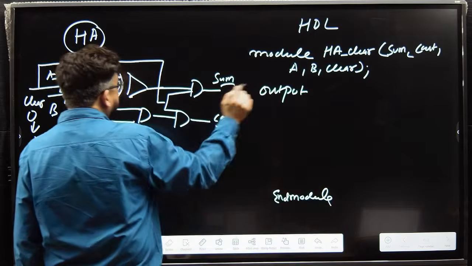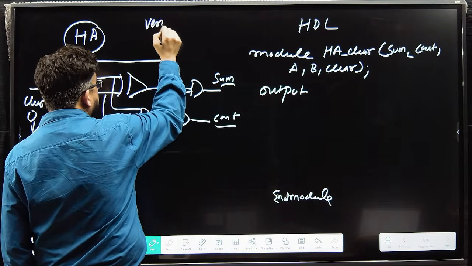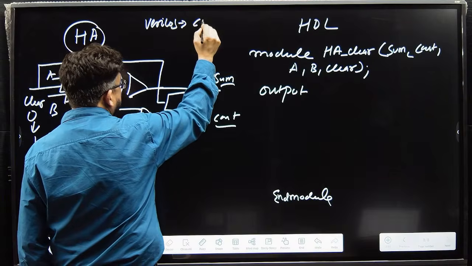One more important thing: Verilog is case sensitive.